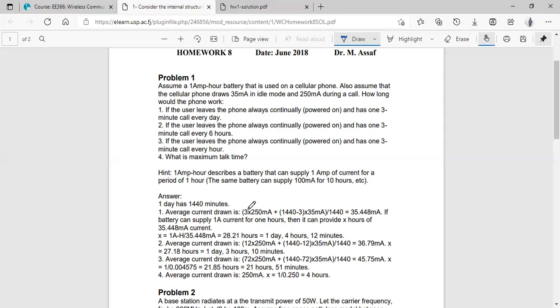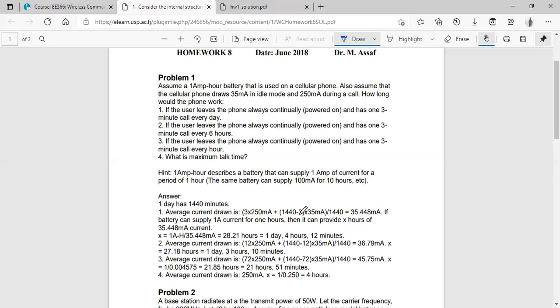In this case, we know that 1 ampere current for 1 hour is supplied by the battery, and on average the user requires 35.448 milliamps of current for this activity. So we divide 1 ampere by 35.448 milliamps to get the total number of hours of operation.